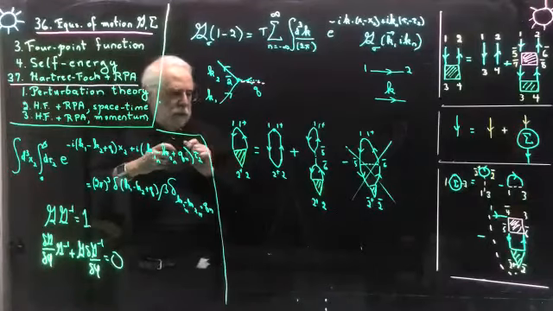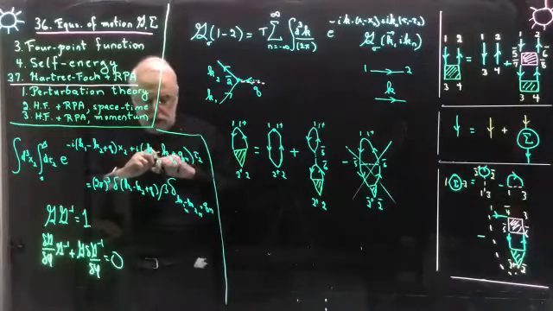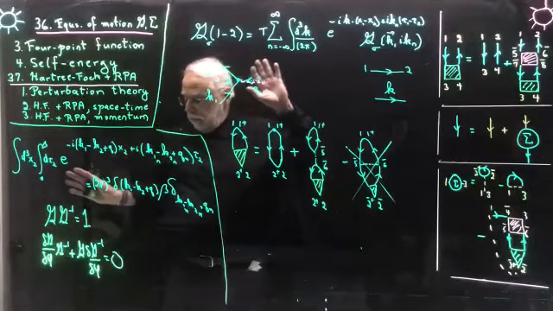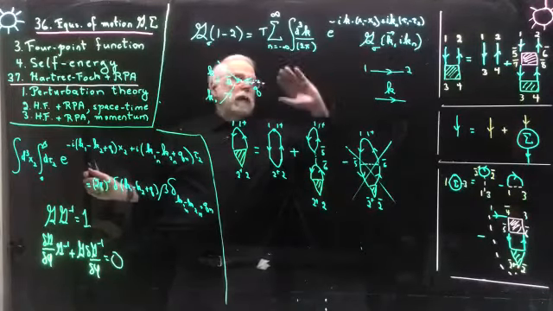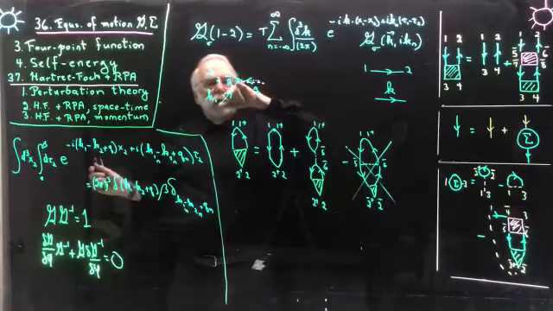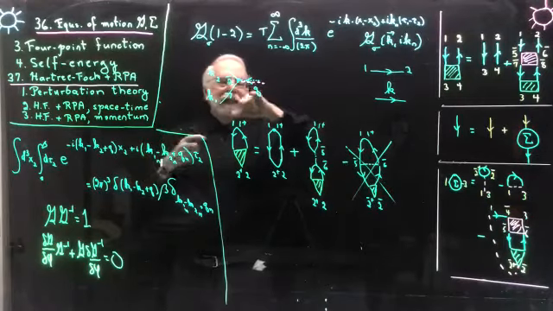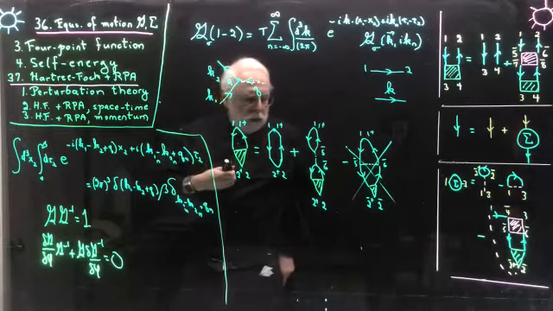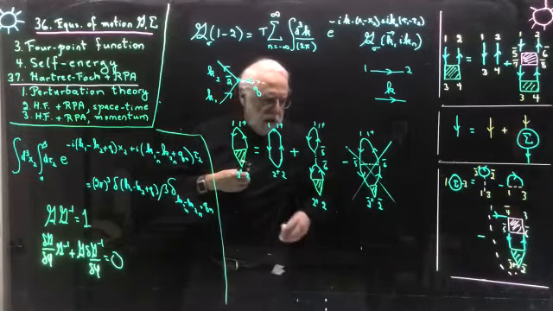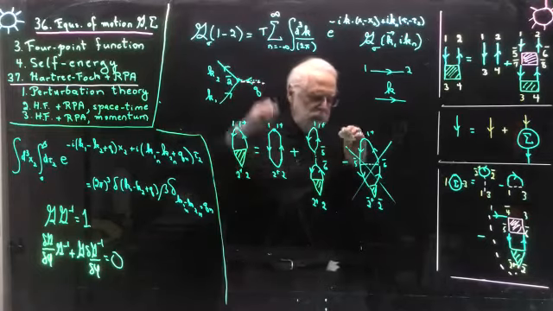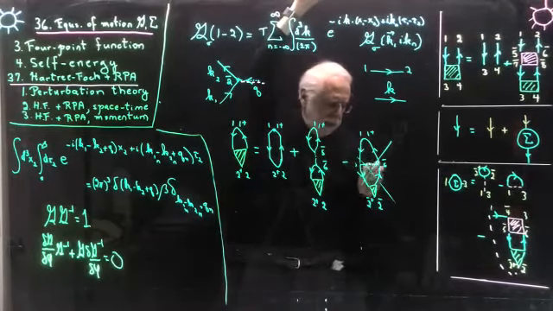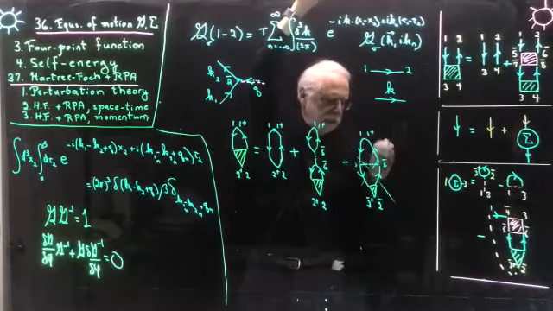So to conclude, if we go to momentum and Matsubara space, we need to conserve momentum at each of the vertices. So let's go back to these diagrams and write them in momentum space now.